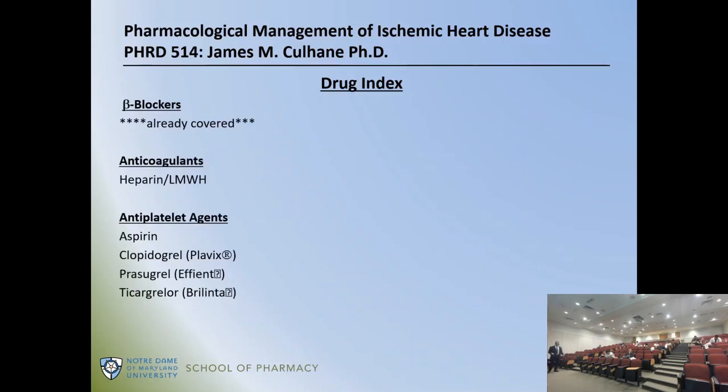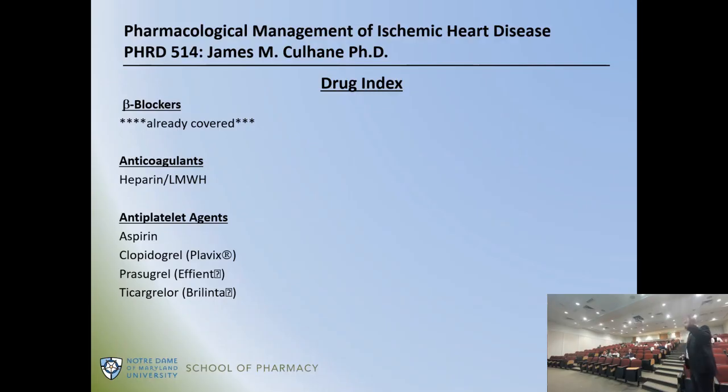Beta blockers, again, Dr. Naeem is going to talk about beta blockers and their role in treating ischemic heart disease. We've got anticoagulants. We're just going to start touching on this. We have a whole other lecture on anticoagulants and things like venous thromboembolism, pulmonary embolism, those sorts of things, coming up a little bit later in a couple of weeks.